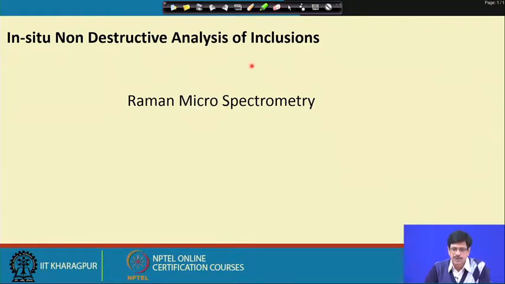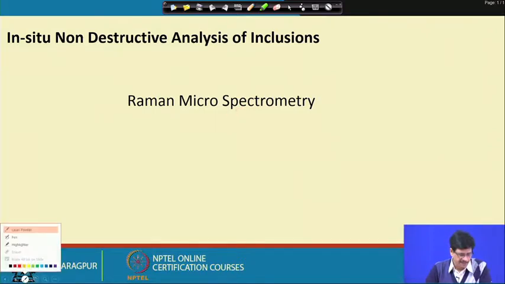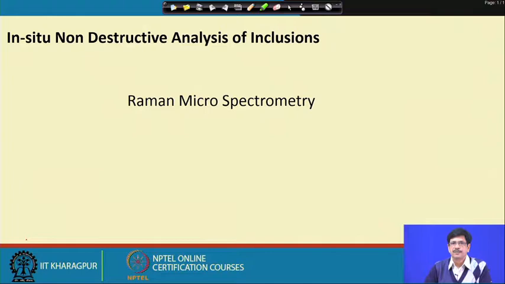We will now move over to a discussion on the in situ non-destructive analysis of inclusions. In situ means the wafer or fluid inclusion section that we have used for routine petrography, and from which we have also taken chips for microthermometry, can be used in this analysis without actually destroying the inclusions.